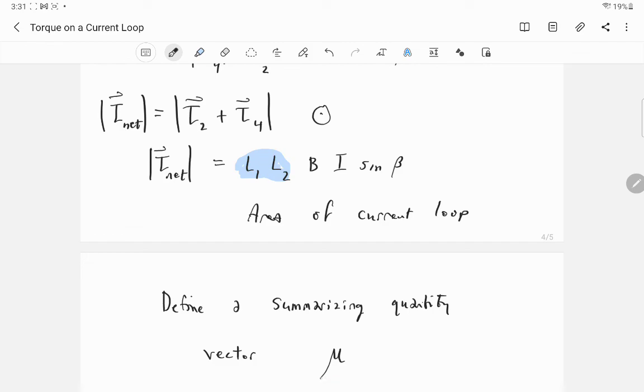So mu you might have seen because it tends to be used as the Greek prefix for micro, 10 to the minus 6. But that's not how we're going to use it in this particular situation. It's going to be a vector. It's called mu. It has a direction that's important and it has a magnitude that's important. And it's called the magnetic dipole moment. And I'll describe this in the following video.